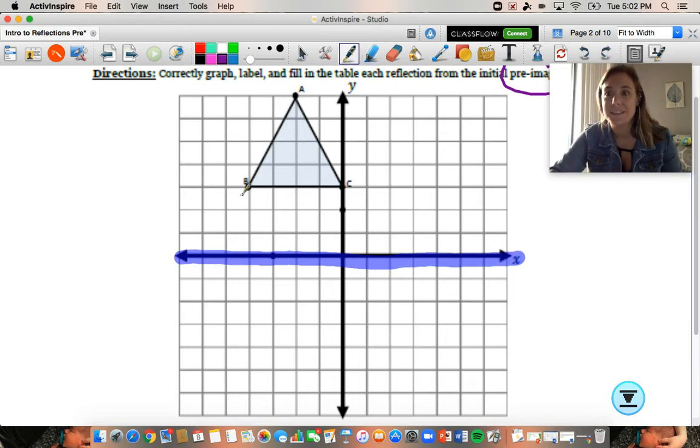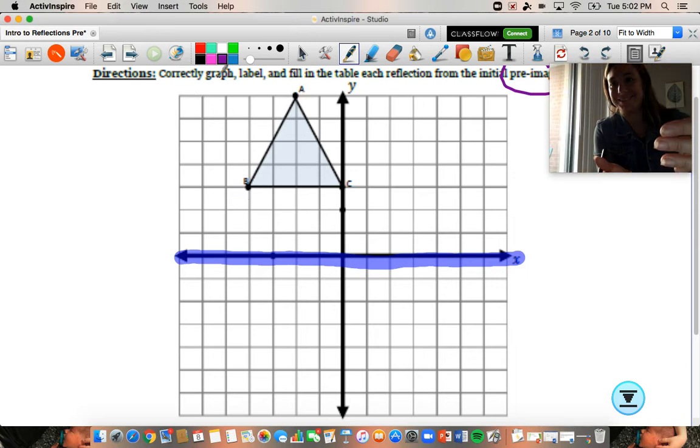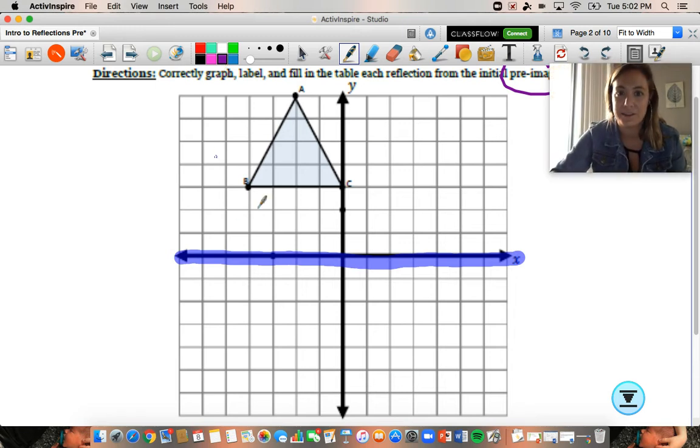A big thing that I like to do is just count the distance. If you think about a reflection, if I were to take a piece of paper and fold it, I want to know where each one of these points would end up. Where would this B end up? It would fold up and end up right here. It's 1, 2, 3 away, so it's 1, 2, 3 away.